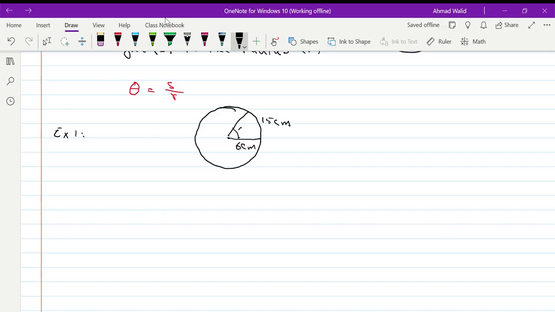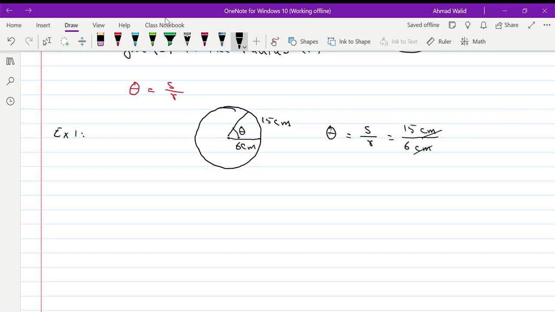This is your angle theta. They are asking you how much is theta, correct? Based on my formula, theta equals S over R. It means my S is 15 centimeter over R, which is 6 centimeter.